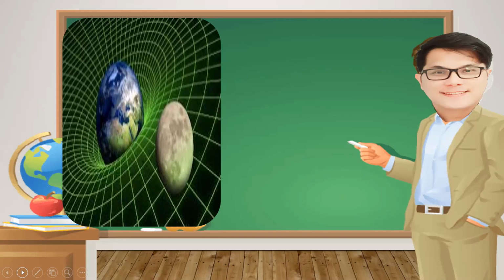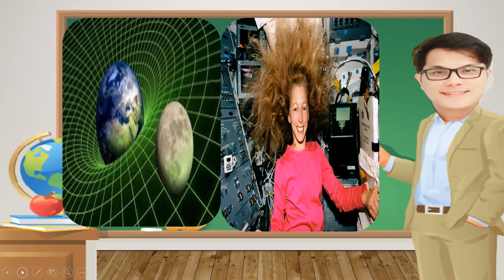Physics often involves things we can't see or touch, but can prove, like gravity. We can't see or touch gravity, but because of years of experiments, we know it is there. The keyword is gravity.